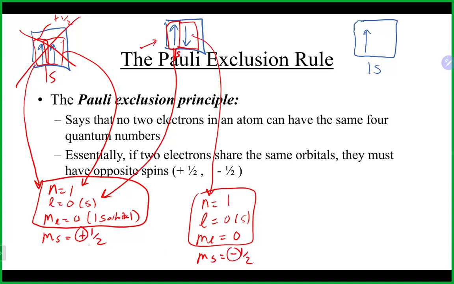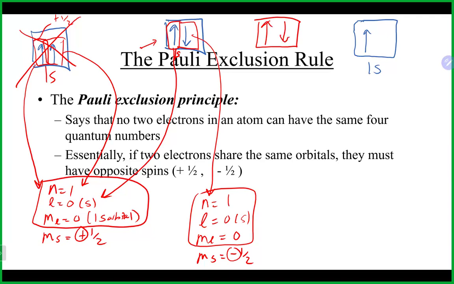That slight difference in how each of those electrons are spinning gives them different quantum numbers. They don't have the same 4 in each case, and that does not violate Pauli's exclusion rule. So what that allows you to do is have electrons in the same orbital that will not violate this rule. And by the way, the first one always goes upwards.